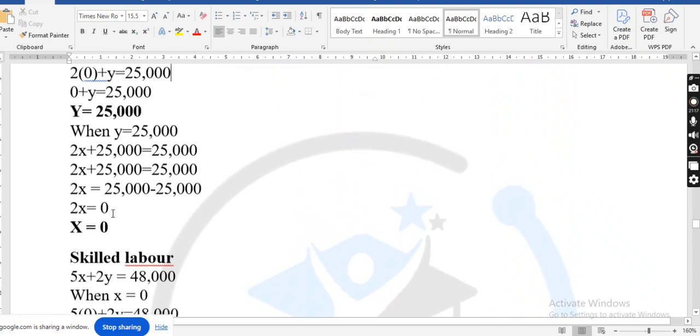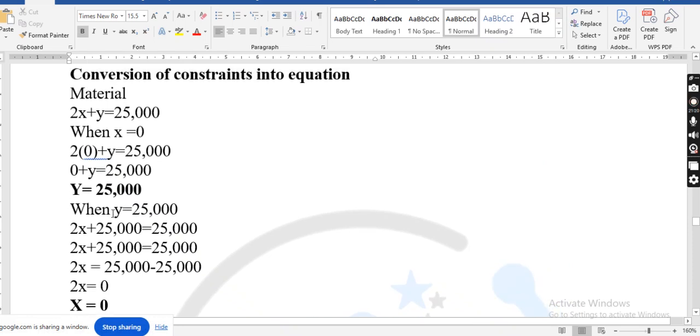So let's quickly come back to this. When s is equal to 0, what is y? Y is equal to this. So the next one is when y is equal to 0, what is x? That is what we're supposed to do.